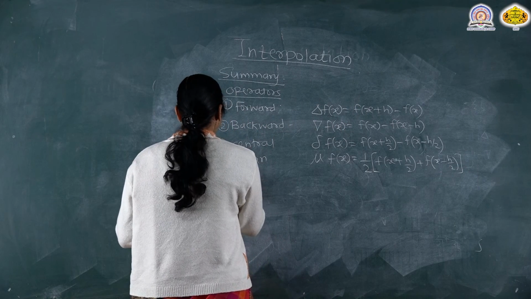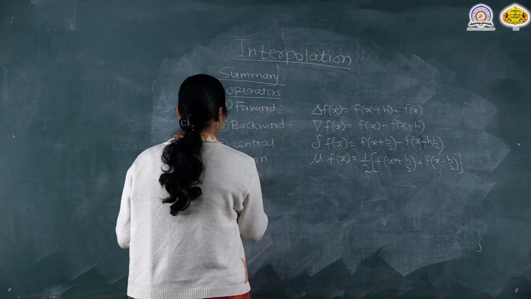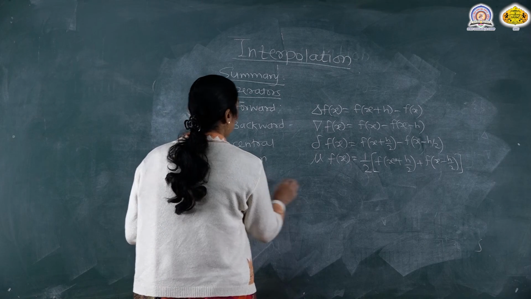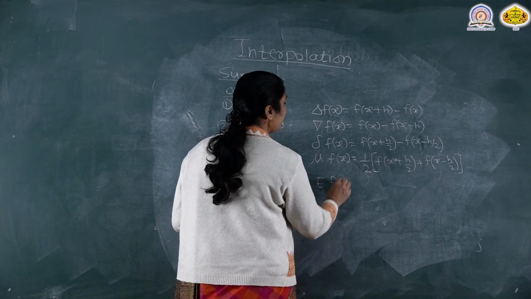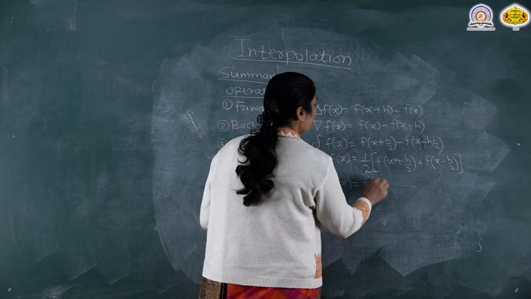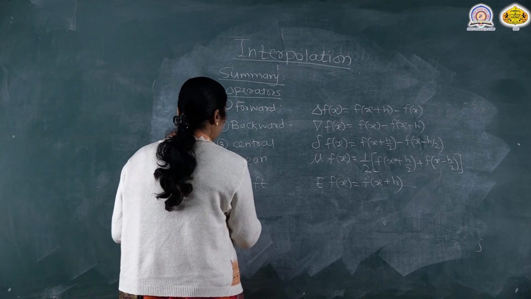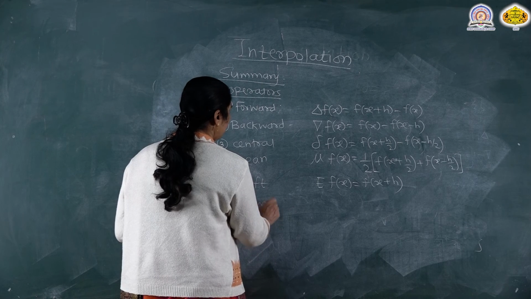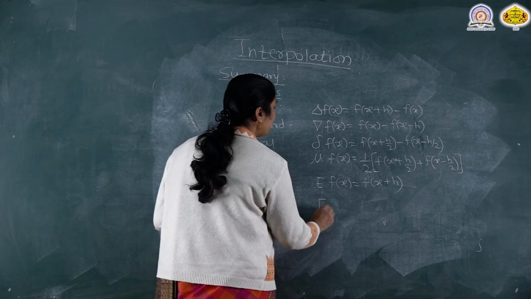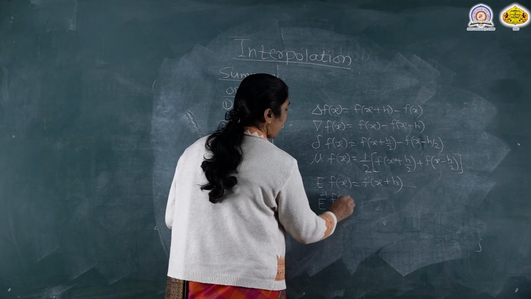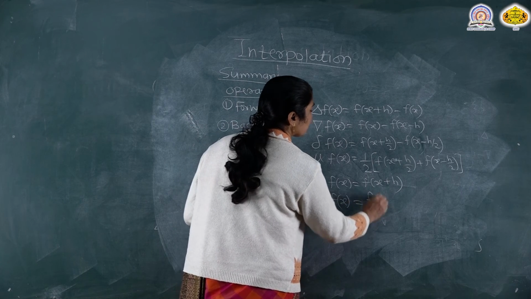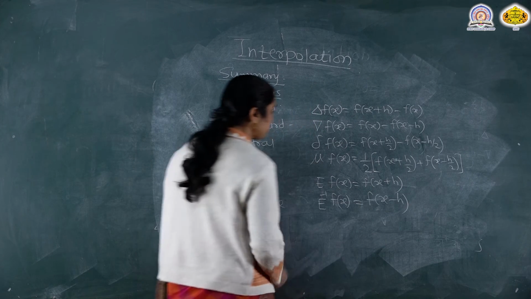The next operator is the shift operator denoted by E, and we have Ef(x) equal to f(x + h). The sixth operator is the inverse shift operator, defined as E⁻¹f(x) equal to f(x − h).